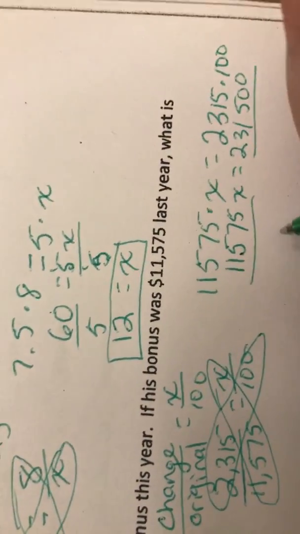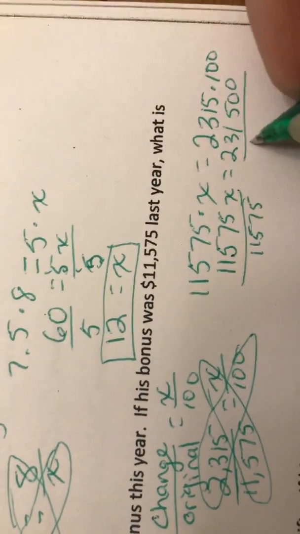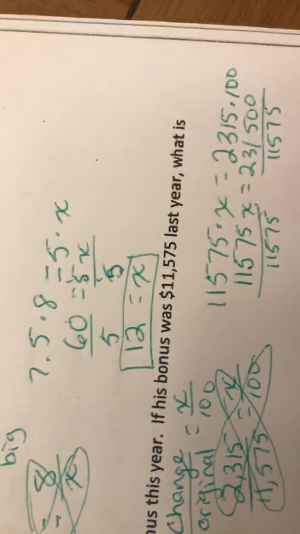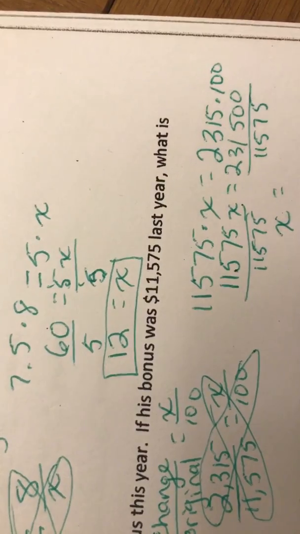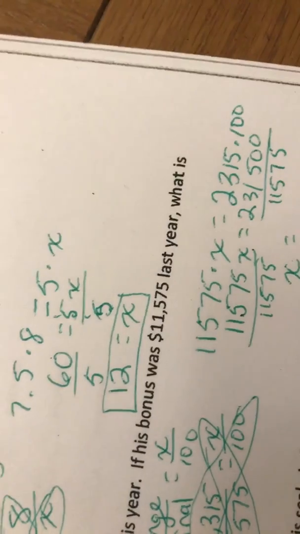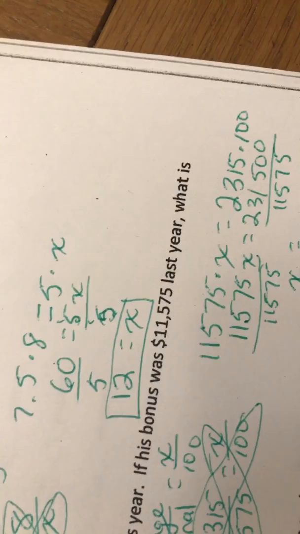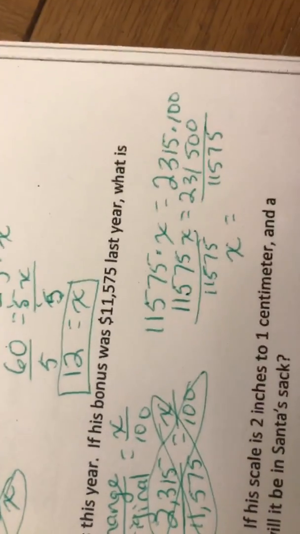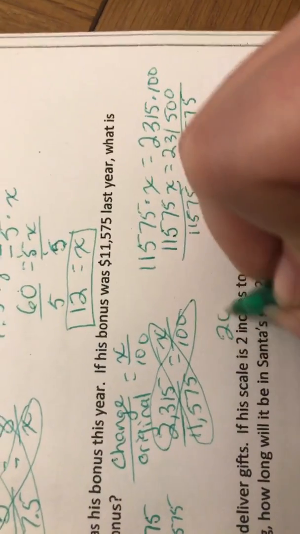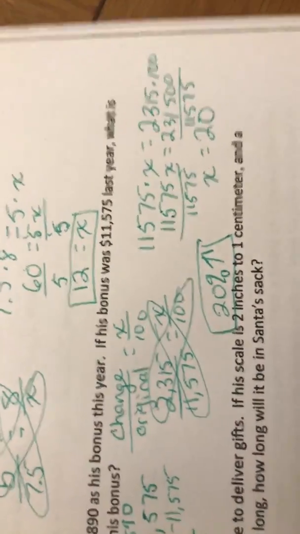We divide both sides by 11,575 to get x by itself. And we find, using our calculator, that x equals 20. So our percent of change is a 20% increase because he earned more this year than he did last year.